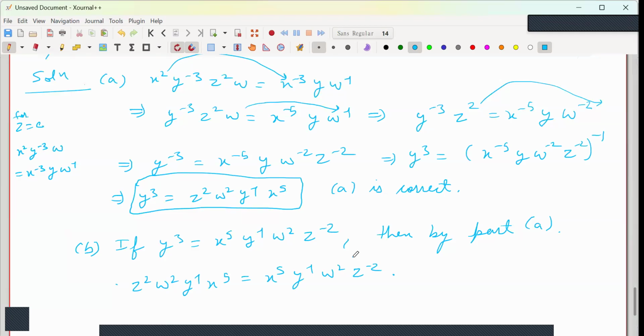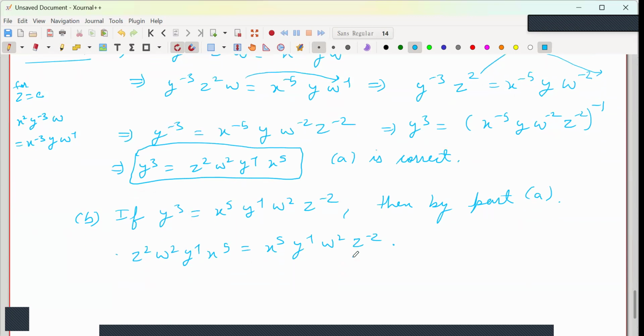And now, can we have a group for which this identity holds? Now here also, if I apply Z to be identity, then this will become just W square, Y inverse, X5, and this is X5, Y inverse, W square.